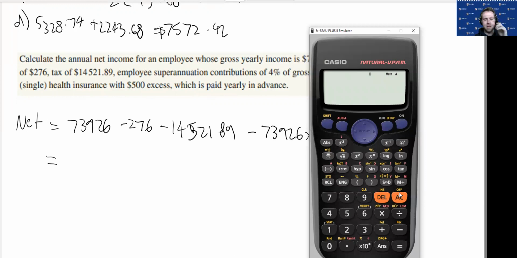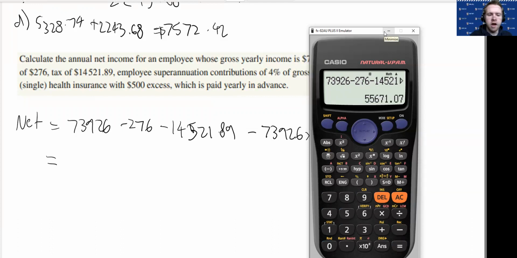So this one is sort of like the first question we did, except we're also including the employee contribution to the superannuation. 521.89 minus the net income times by 4%, and then minus 500 at the end as well.